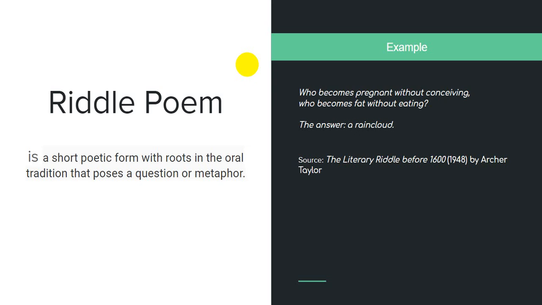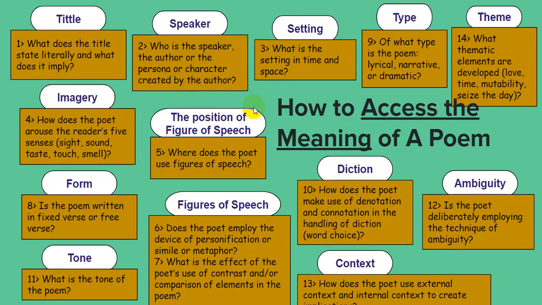Okay, the next one is, okay, there you go. It seems like a little bit complicated over here, but yeah, alright. So the title is How to Access the Meaning of a Poem.